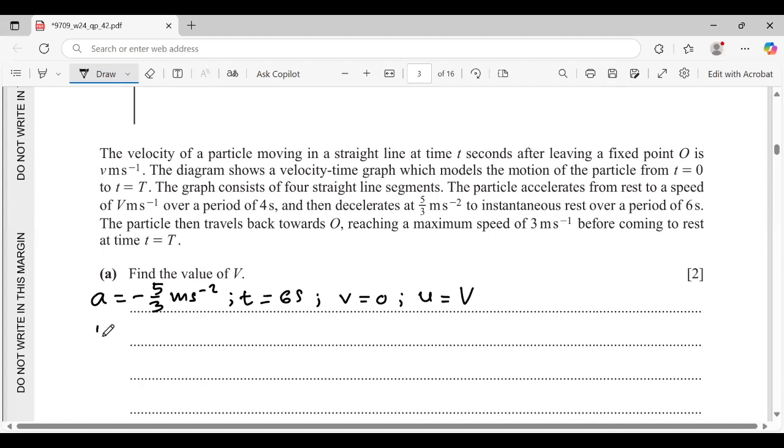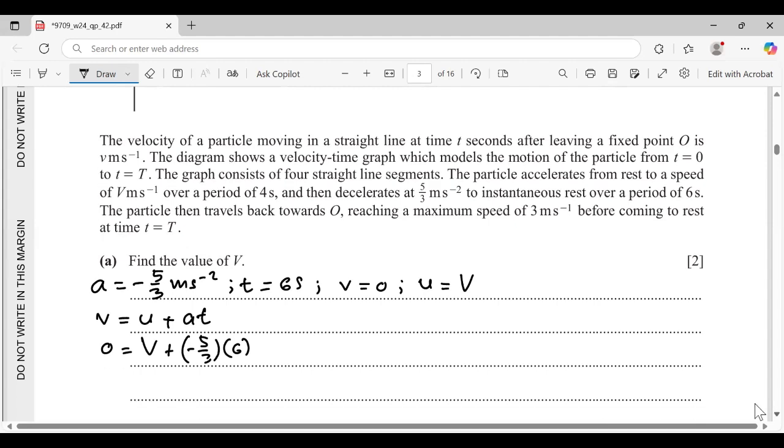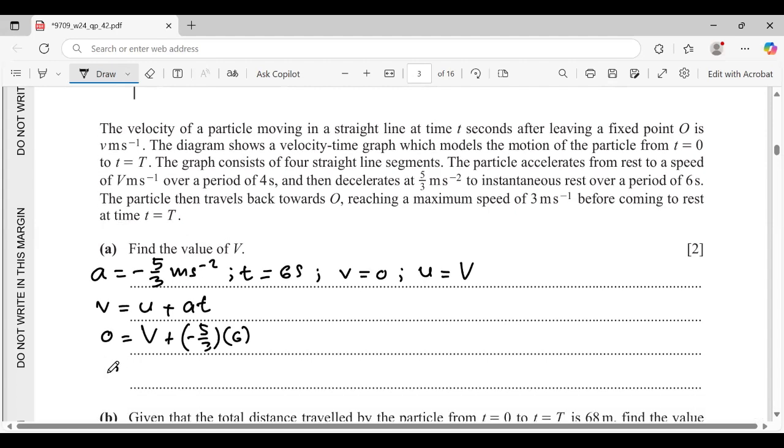Using the formula final velocity equals initial velocity plus a times t, 0 equals v plus minus 5/3 times 6. So it becomes 0 equals v minus 10, which means v equals 10 meters per second.